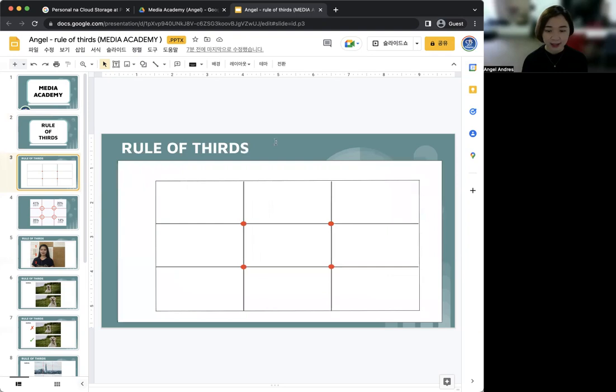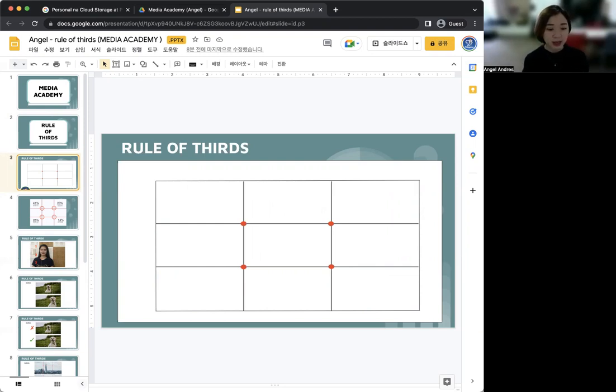In our next slide, as you can see here, there are grids. Are you guys familiar with this picture? Where do you usually see this? Well, it looks familiar because you always see this in our cell phone, in our camera.